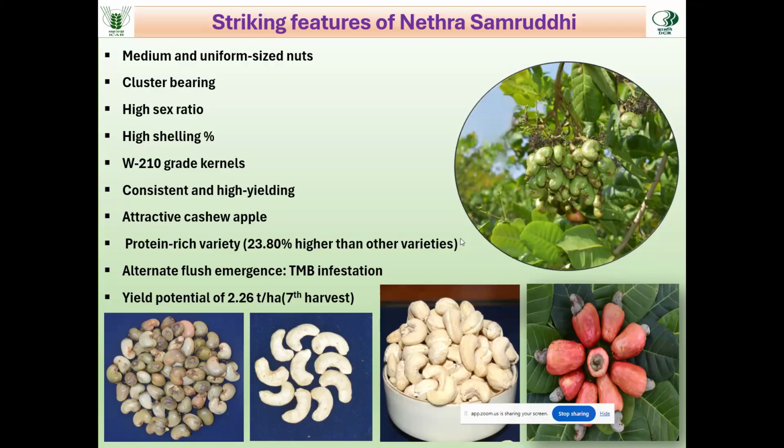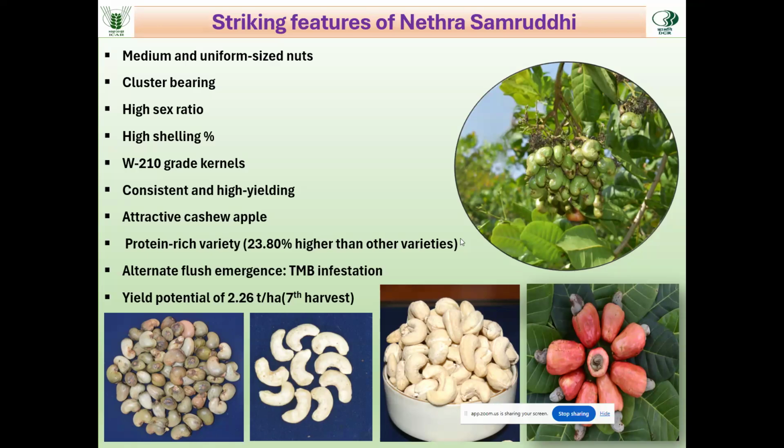So it is high yielding also. Up to this, a number of varieties have been released throughout India. As I have mentioned, I have listed the varieties state-wise, as well as the varieties which are prominent in the Karnataka region. And these are all newly released varieties from the nodal center, that is Directorate of Cashew Research.